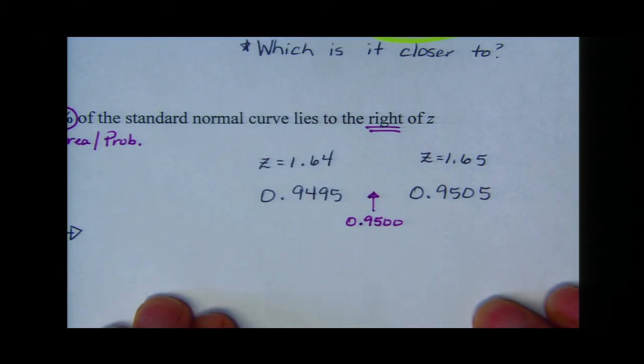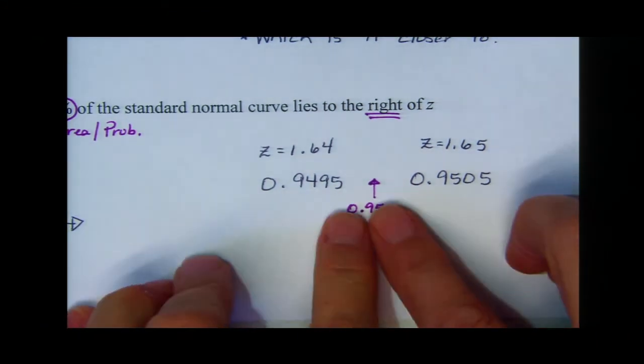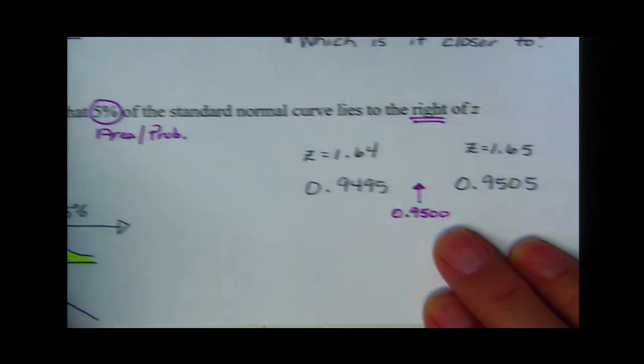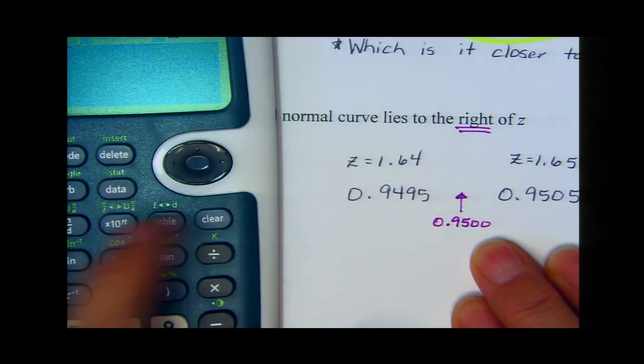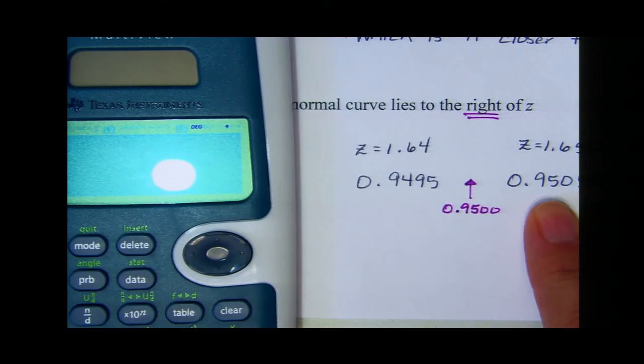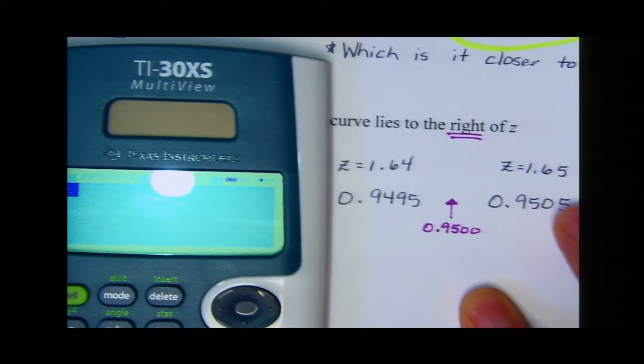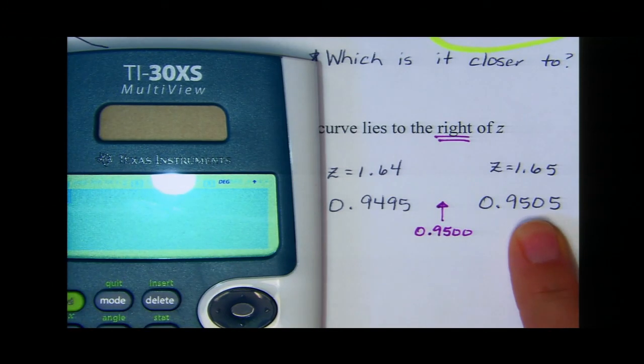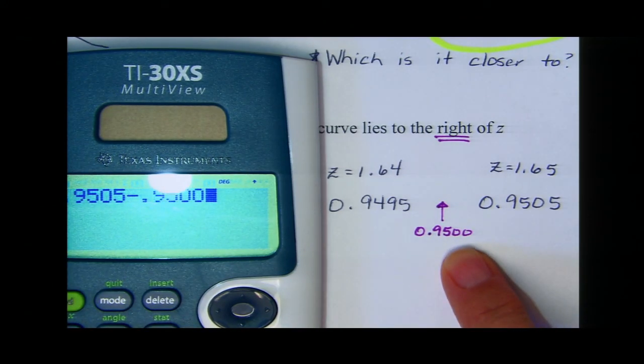All right, so again, I'm going to ask, which one is it closer to? You always take the larger number minus the smaller number. So in this case, I'm going to take 0.9505 minus 0.9500. And the difference between that is 0.0005.